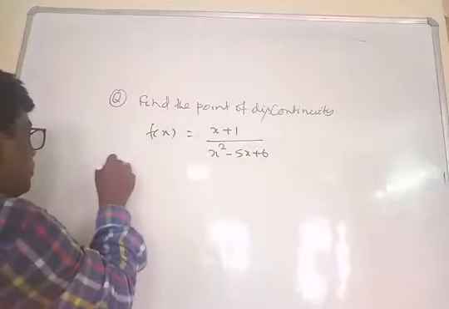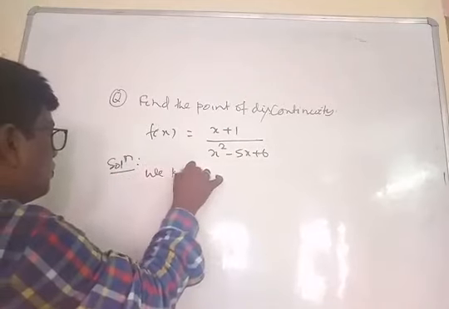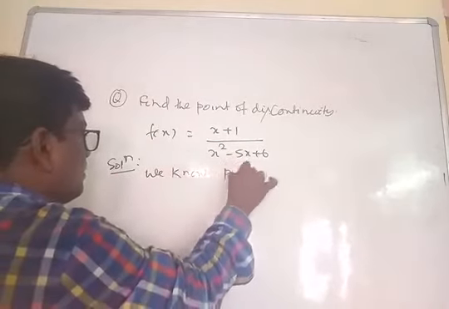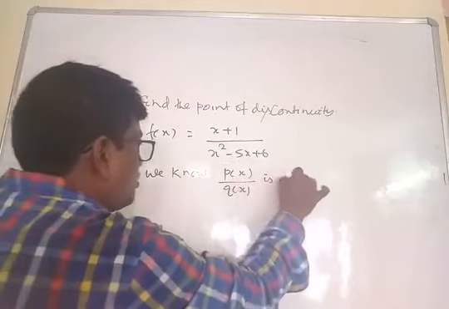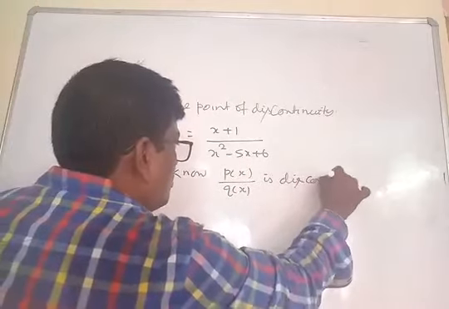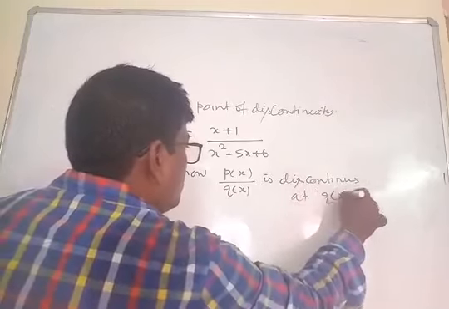We know the solution: p of x by q of x is discontinuous at q of x is equal to 0.